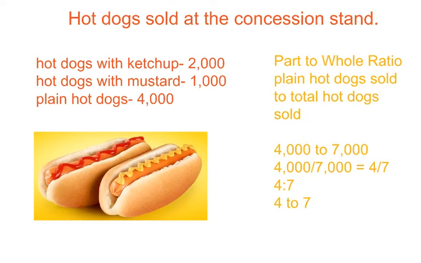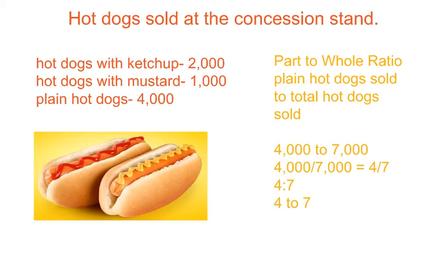And using this information to do a part-to-whole ratio, plain hot dogs sold to total hot dogs sold, we can see that 4,000 hot dogs were sold that were plain. But how do we know the total hot dogs sold? Well, to find a total, we add.